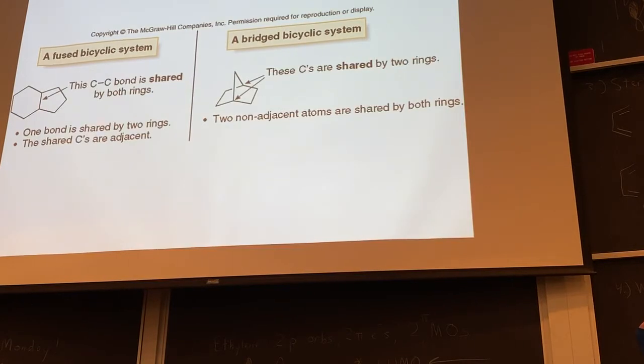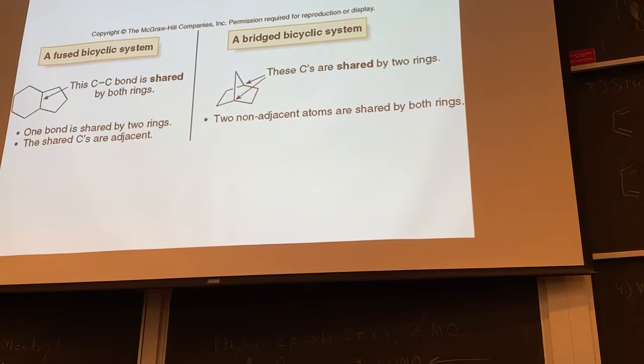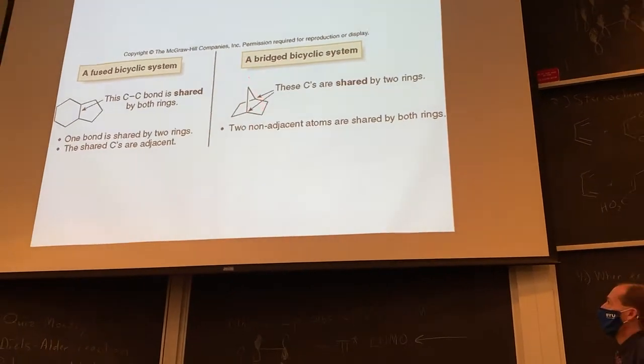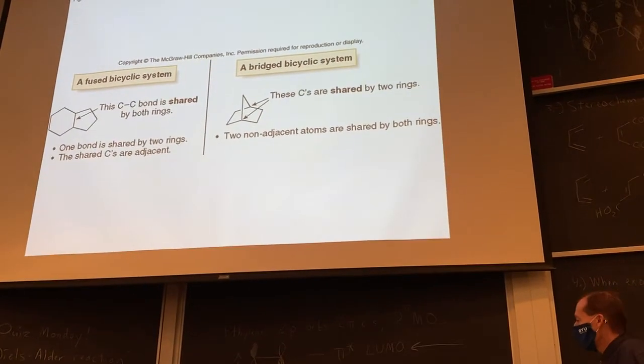So both the carbons and the sigma bond are shared by the two rings. In contrast, in a bridged bicyclic system, we still have two carbons that are shared by the two rings, but they're not adjacent to each other. They're not connected by a sigma bond. They're connected by a bridge containing one or more carbons. In this case, it's a bridge of one carbon.